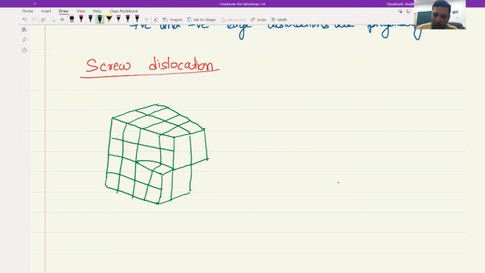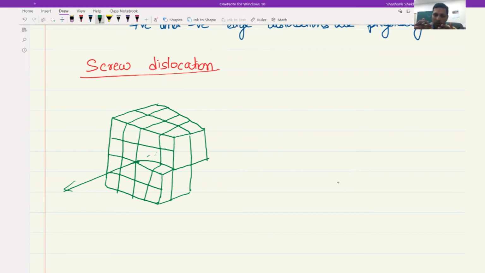So this becomes your line vector, and if you go along this line, you would see that all the atoms are actually arranged helically along this line. If you go inside this line, all the atoms would have been arranged helically. So they all would be shifted just a little bit away from the plane.